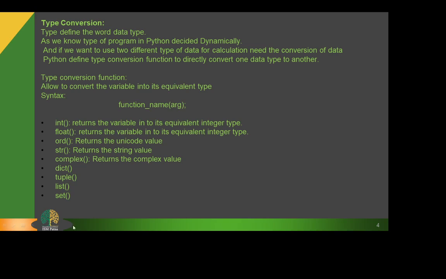So basically type conversion methods are some predefined methods such as int, which is responsible for converting your data into the int equivalent, float, which converts your data into the float equivalent, and so on. So basically these type conversion functions are responsible for the conversion of your data before the execution.